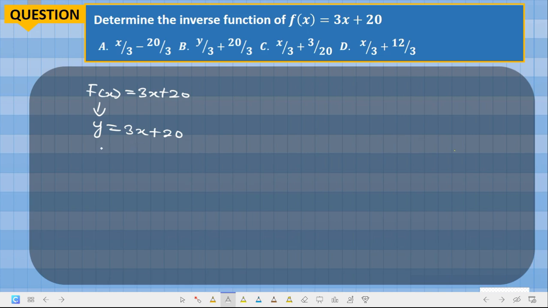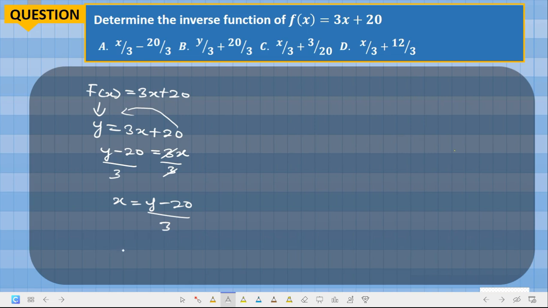So to make x the subject of the formula, we say y minus 20, that is to say if 20 crosses to this side, y minus 20 is equals to what? 3x. So our x, you divide both sides by 3. To make x the subject of the formula, 3 cancels 3, and your x is y minus 20 all over 3.